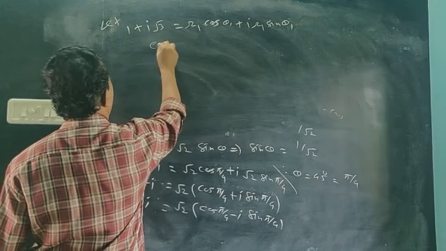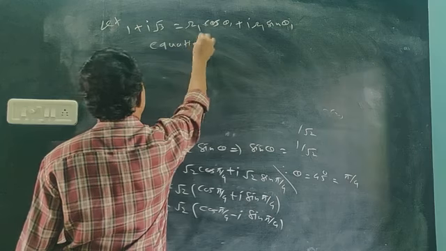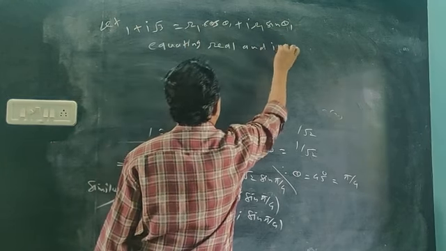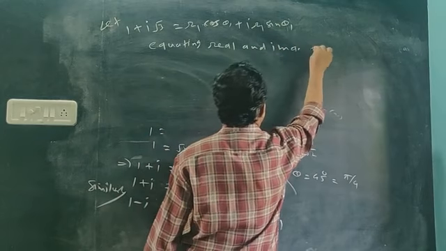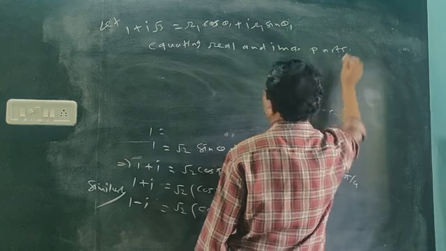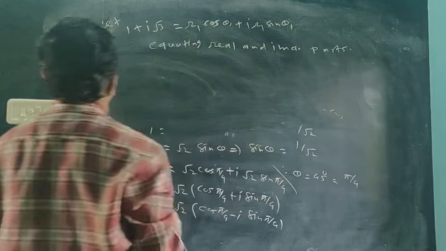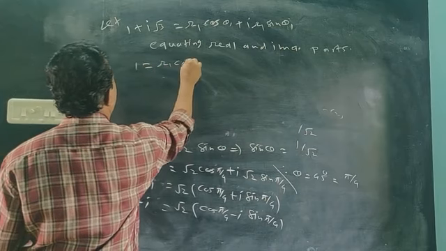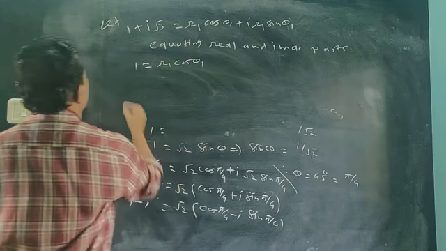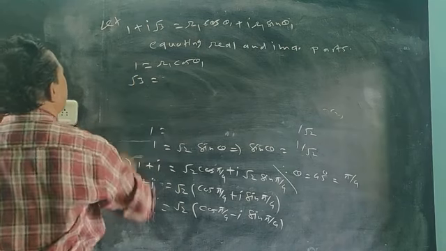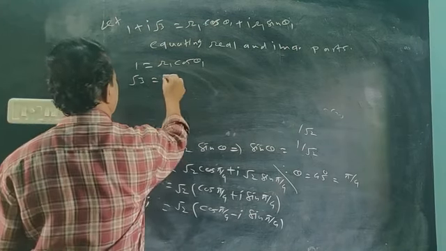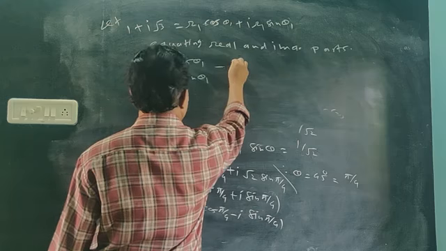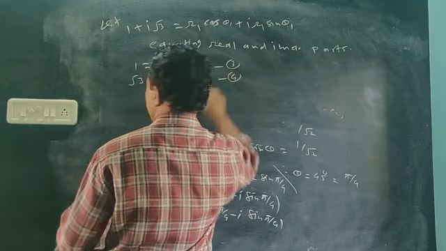Okay. First step is equating real and imaginary parts. So real part 1 equals r1 cos theta 1, imaginary part i multiple root 3 equals r1 sin theta 1, third equation, fourth equation.